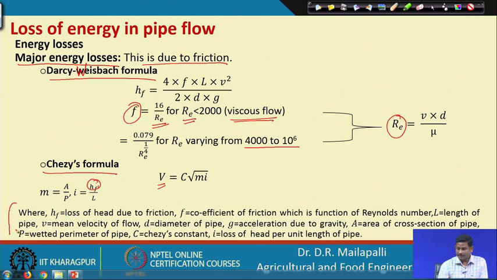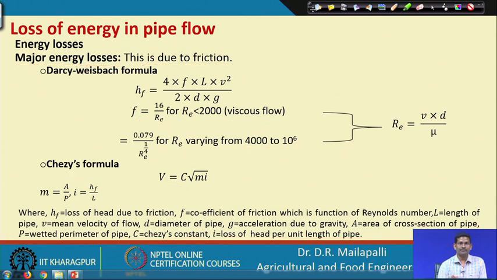The terms are defined here, so you can go through this. C is Chezy's constant and i is the loss of head per unit length of pipe, that is Hf by L.